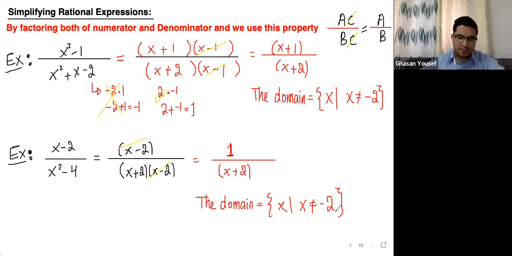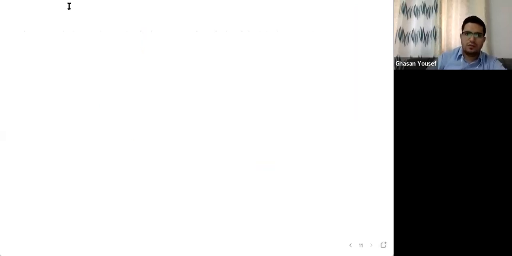Now let's go to multiplying and dividing rational expressions. After we learn how to simplify, we can move to multiplying and dividing rational expressions. So here, multiplying.